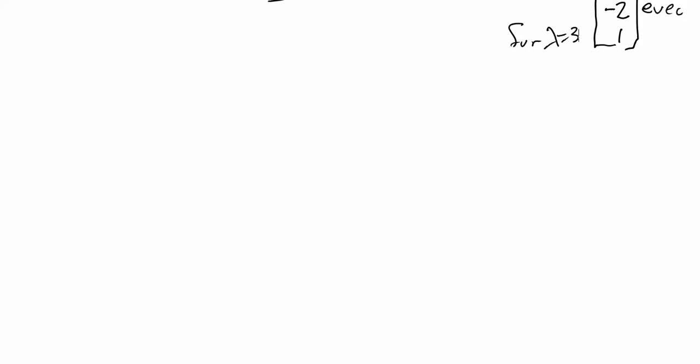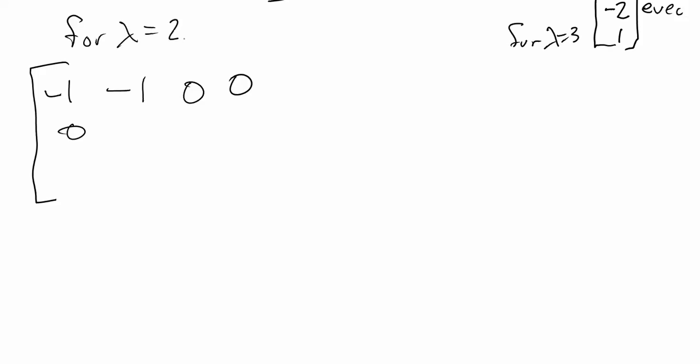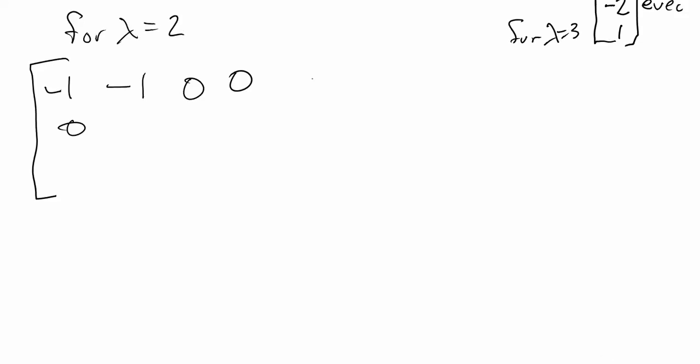Now let's look for the eigenvector associated with lambda equals 2. So for this one, we have the system of equations 1 minus 2, minus 1, minus 1, 0, 0. Then we have 0, 3 minus lambda, or 3 minus 2, is 1, 0, 0.